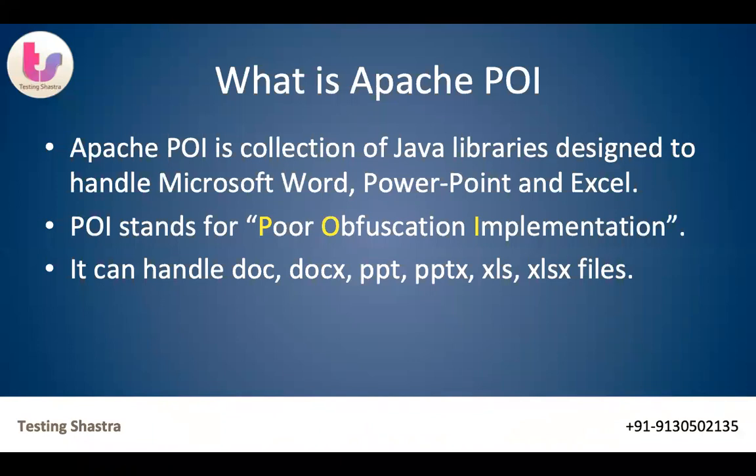It is quite convenient for Apache POI to handle XLS as well as XLSX files, because it is designed in such a way that it can read the XML spreadsheets, that is, XLSX files. So this is all about the introductory part of Apache POI.